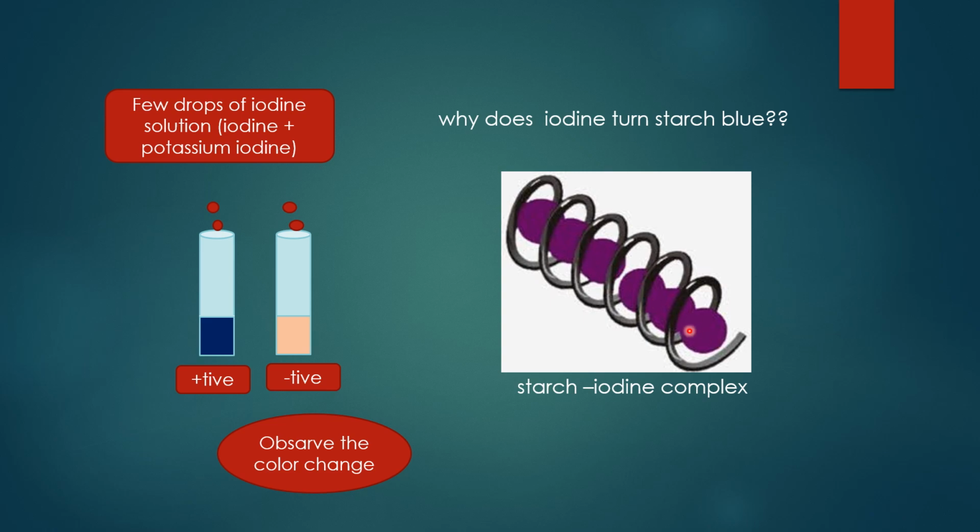Okay, but when they slip inside the helix structure as in the picture, they give this complex called the starch iodine complex, which gives a blue color because this complex can absorb the visible light to give a certain blue color.